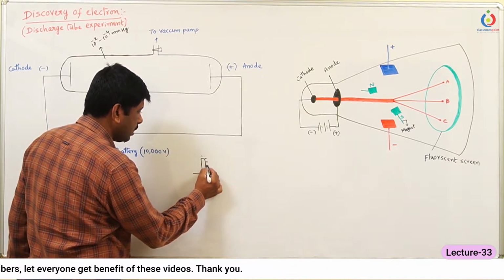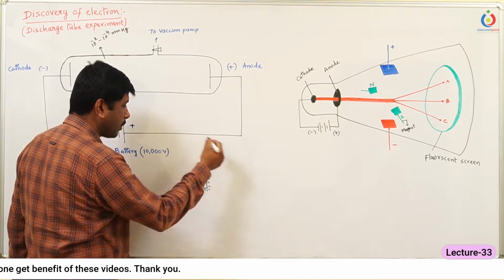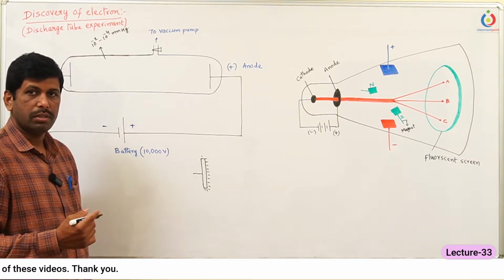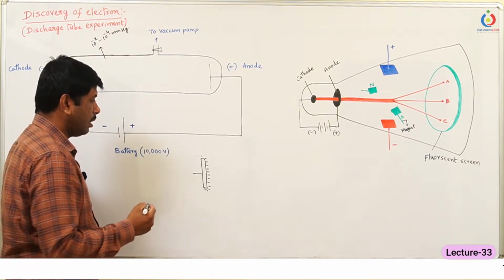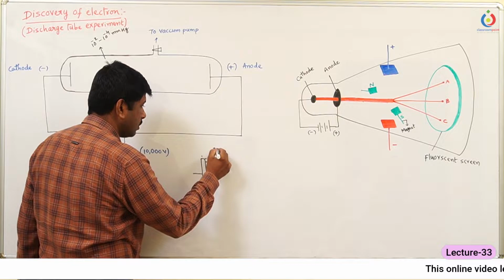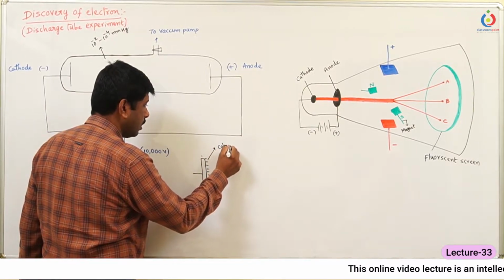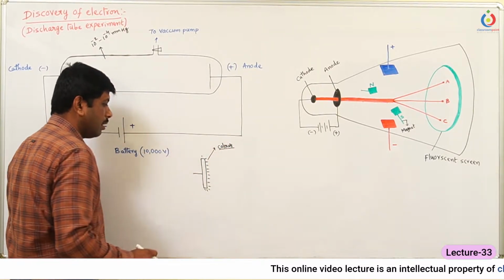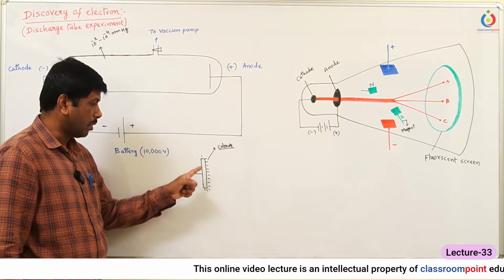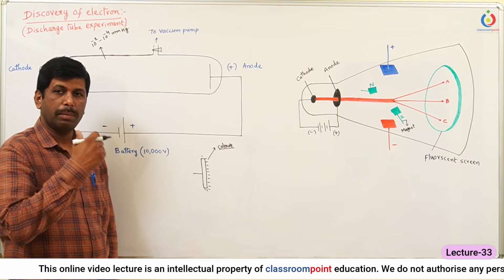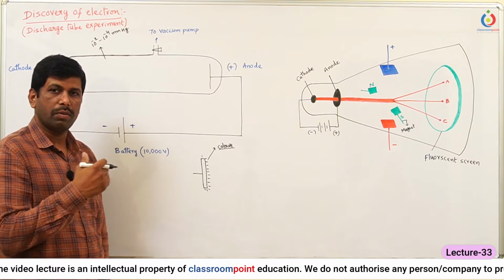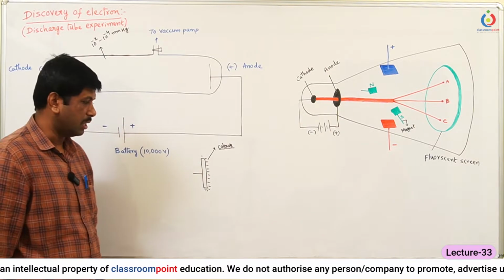Whenever these particles hit the gas, they produce light, a fluorescence effect, so the gas starts glowing. The color of the light generated during this process depends on the nature of the gas taken in the discharge tube. When the type of gas changes, the color of the light also changes.